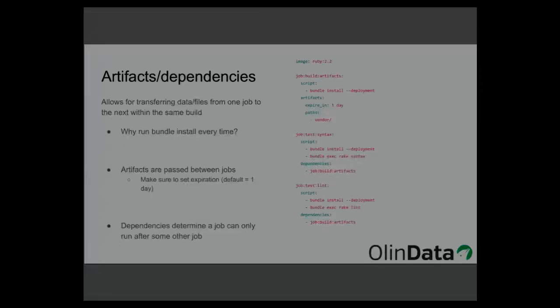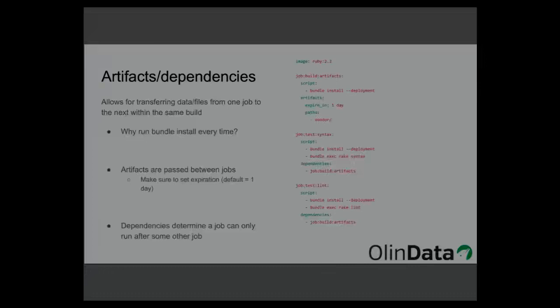If you run bundle install with --deployment, it'll install all the gems in the directory where your gem file is, in a subdirectory called vendor. So we've changed the script a little bit. We make it bundle install --deployment, and then we create artifacts from the vendor path.